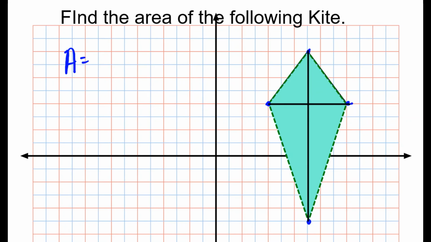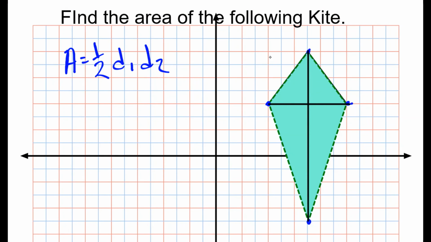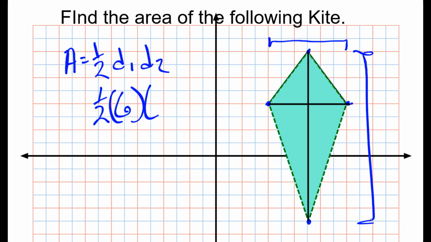What you see here is that the horizontal and verticals on this drawing are your diagonals. So you're looking at 1/2, diagonal 1, diagonal 2. The diagonal going this way is 2, 4, 6. So we're looking at 1/2 of 6. The diagonal going this way is 2, 4, 6, 8, 10, 12.